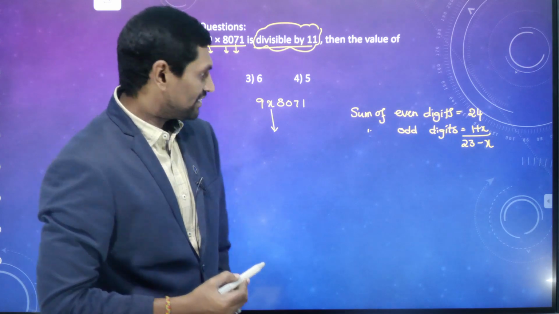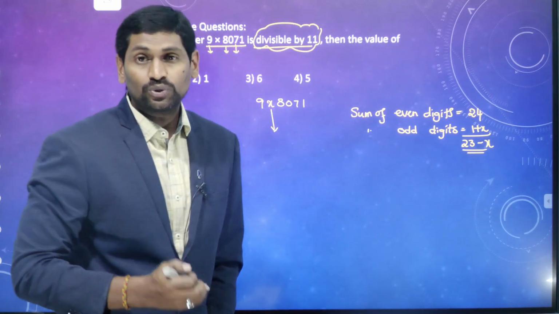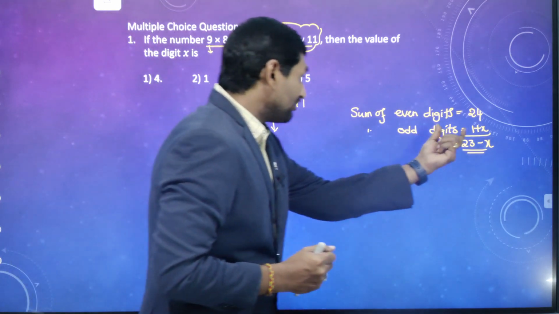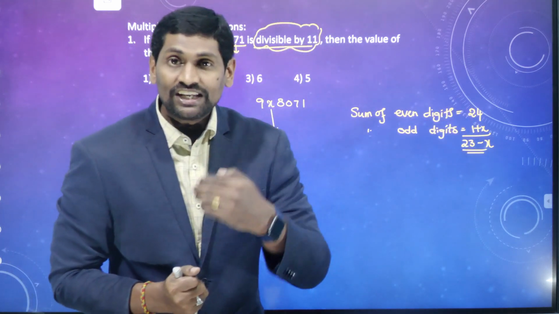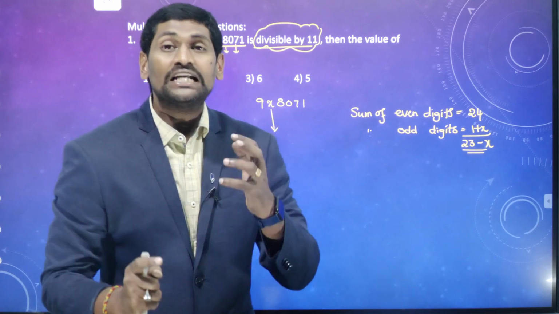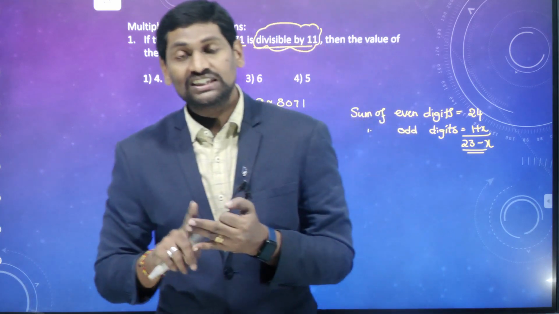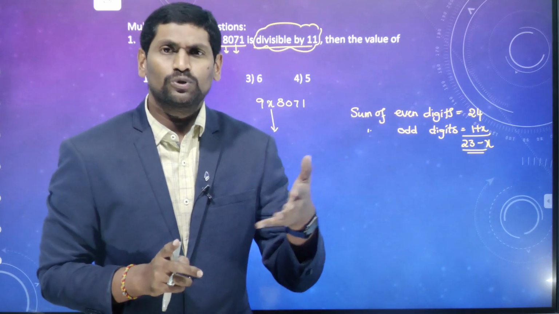So the difference we got is 23 minus x. According to the divisibility rule, the difference between the sum of even place digits and the sum of odd place digits must be 0 or a multiple of 11. Multiples of 11 are 11, 22, 33, 44, and so on up to 99.